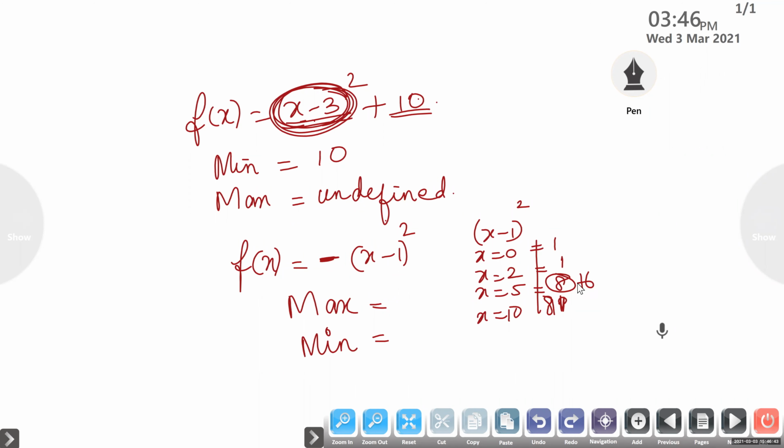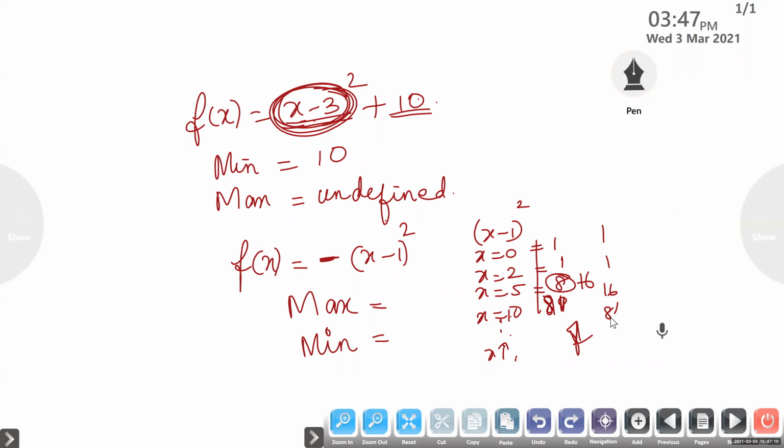So the values are 1, 1, 16, 81. As x is increasing, this value is also increasing. If you put x is 100, what is the maximum value you will get? Can you fix a maximum limit for this function?